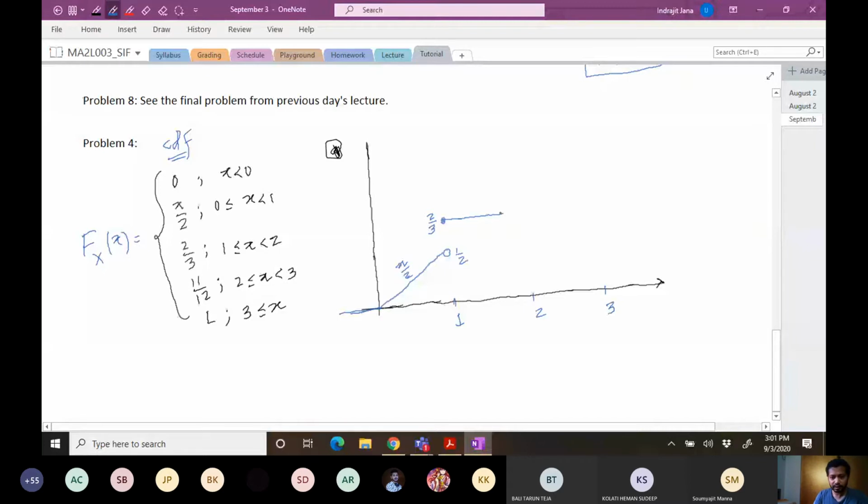So when it hits 2, it bumps to 11 over 12. So let's call this point 11 over 12. And then it stays flat up to 3, but doesn't hit 3, so I put an open ball here. But once it hits 3, it bumps up to 1. So this height is 1, and it stays at 1 forever after 3. So that's the picture.